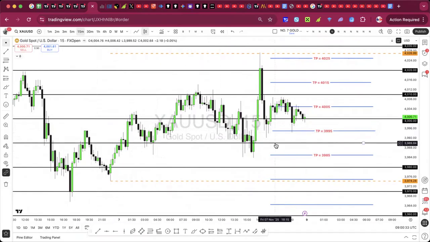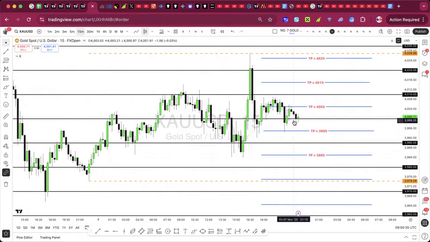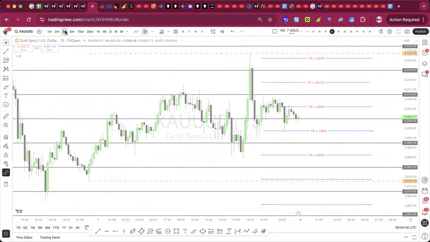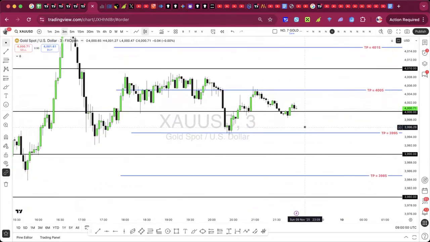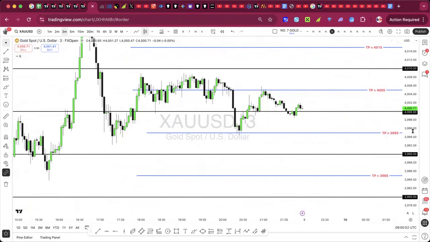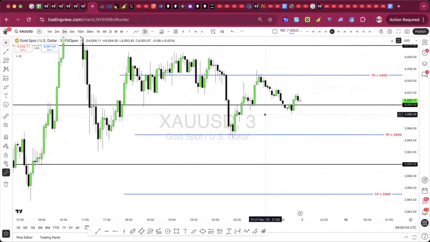Now, if this market opens and I want to see when it breaks out and retests, I go to 1 minute and I will be able to see it very well. If you go on 3 minutes or 1 minute, I'm just trying to let you know. Because sometimes when you are waiting on a higher time frame, you won't know when the market has moved. Because remember, gold has so much volume.